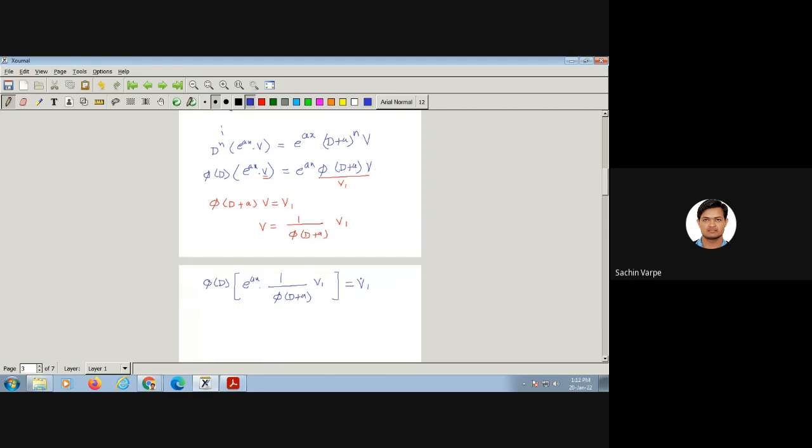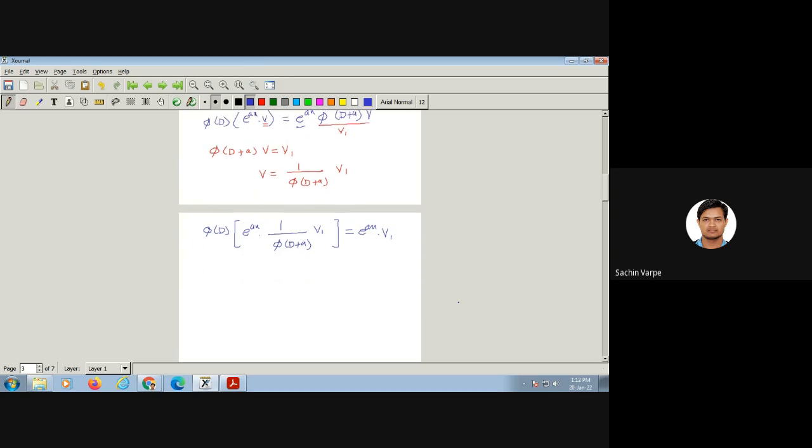E raised to ax into v1, this one. Isn't it? So if I operate 1 upon phi of D, or if I divide both sides by phi of D, what do we get?